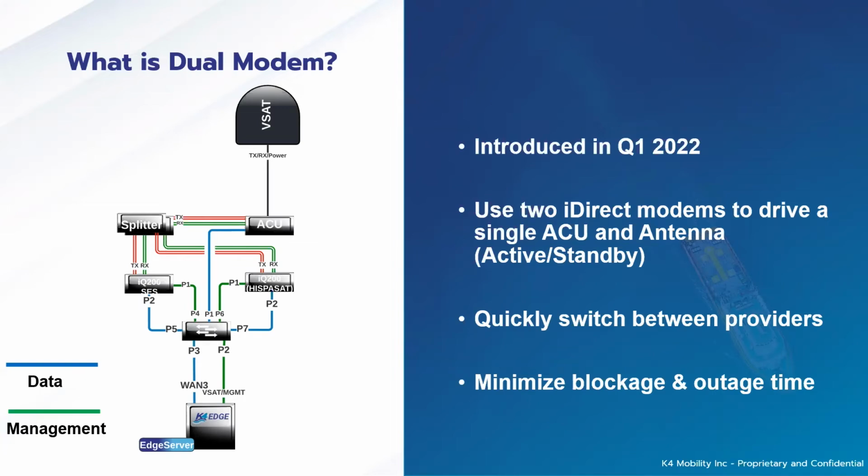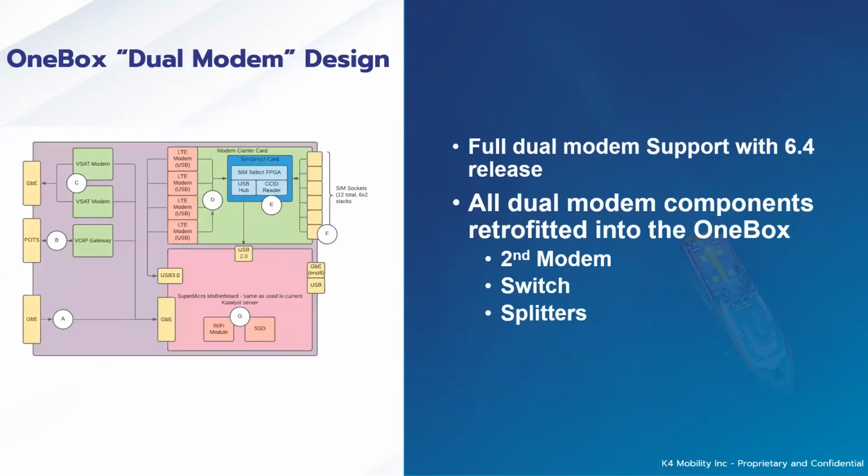But so now our OneBox solution, we've taken all of those external components and we've retrofitted them into the OneBox, which we're calling the OneBox version 3. So we have a second modem in there. We now have a switch.